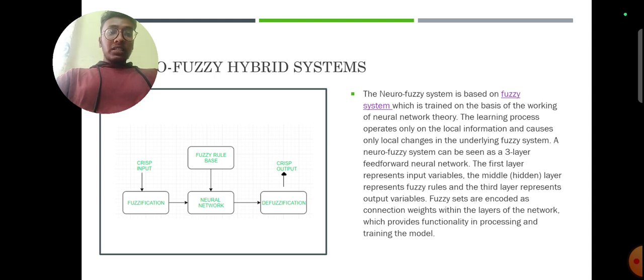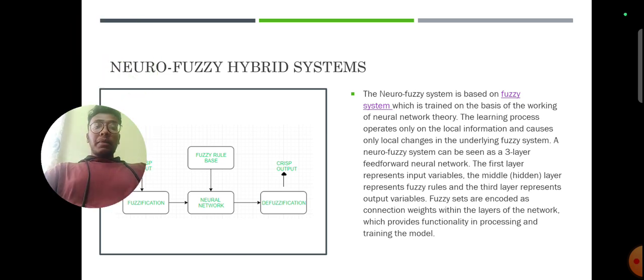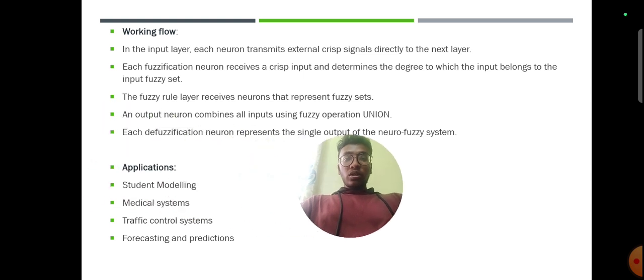The first layer represents the input variables, the middle layer represents fuzzy rules, and the third layer represents output variables. Fuzzy sets are encoded as connection weights within the layers of the network, which provides functionality in processing and training the model.